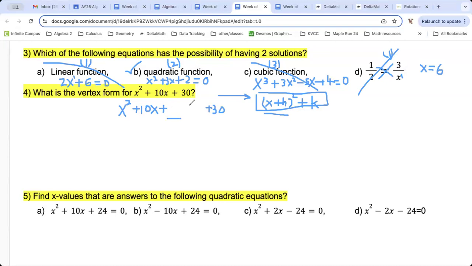Okay. I'm going to add a number and we're going to immediately subtract that, so as to not change this expression. So half of 10 is 5, 5 squared is 25, just like what we did in 1 and 2. So the constant, the magic C value has got to be 25. I can't just randomly add 25 into something. So if I add 25, I immediately subtract 25.